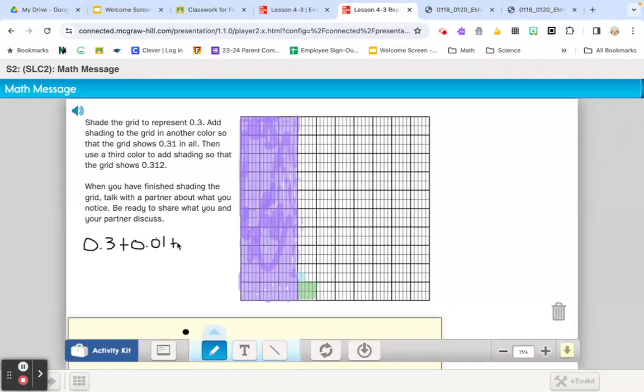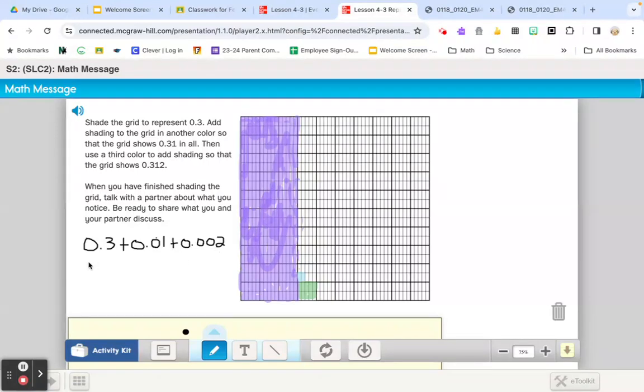Plus 2 thousandths. So we have nothing in our tenth spot, nothing in our hundredth spot, and only a 2 in our thousandths. So this is 3 tenths plus 1/100th plus 2 thousandths.